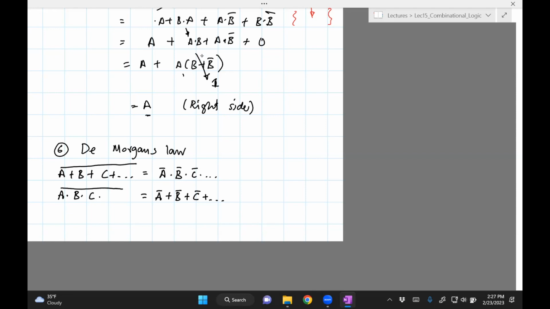And why this is important is because it can convert OR, or rather NOR, to AND or NAND. So the plus means it's OR, the complement means it's NOR. You can convert that to a dot product AND. And we'll see a little bit later on that this is very useful if you want to minimize the number of logic gates you might need in order to build a circuit.